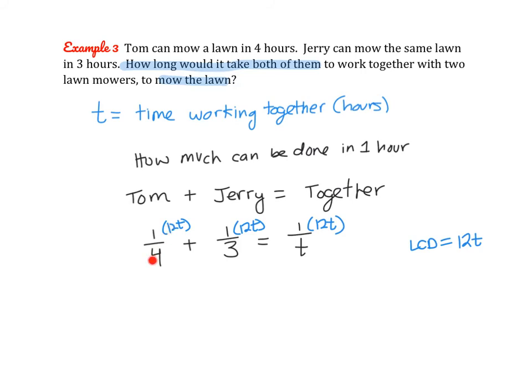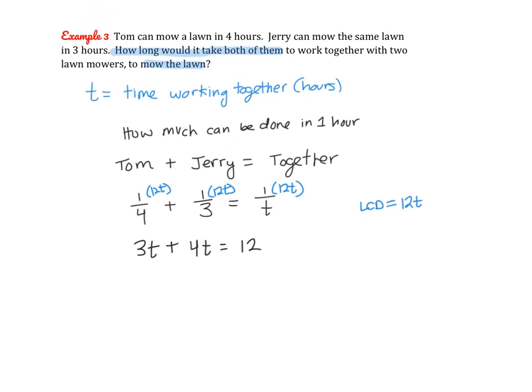So here, 12 divided by 4 is 3, so we get 3t. Here, 12 divided by 3 is 4, so plus 4t, and then it equals 12. So now we just need to combine like terms and solve. So 7t equals 12, so t equals 12/7.